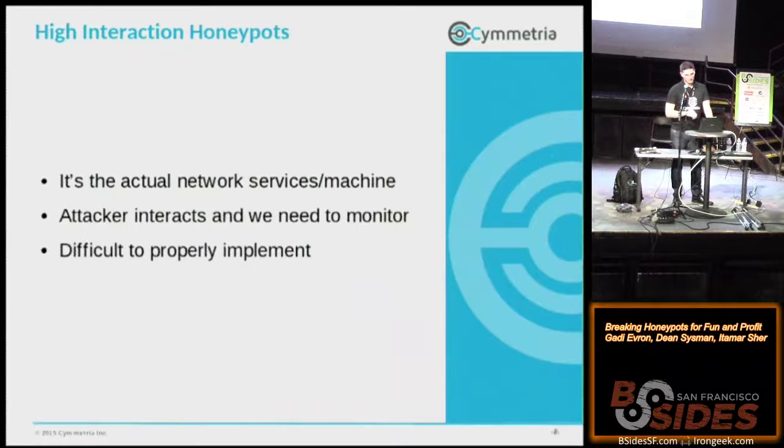And a high interaction honeypot is the actual network service or machine, so for example, a real SMB or SMTP or DNS server. But the problem with that is it's very hard to implement and very hard to monitor, because then we need to understand how the protocol works and then try and read it off while it's running inside the actual daemon that's running it, right?